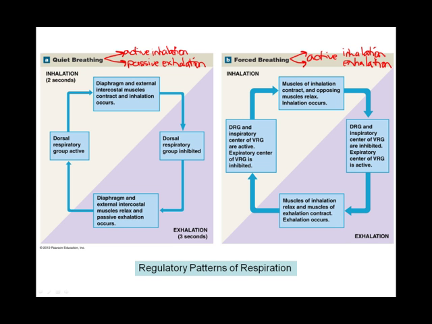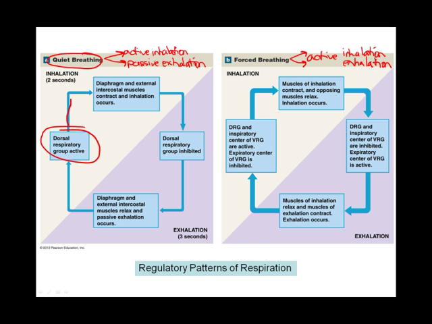Active again means you're using muscles. Passive means you're not using muscles. For quiet breathing, we can expect active inhalation and passive exhalation. We're going to just be using the dorsal respiratory group. The first step is the dorsal respiratory group becomes active.